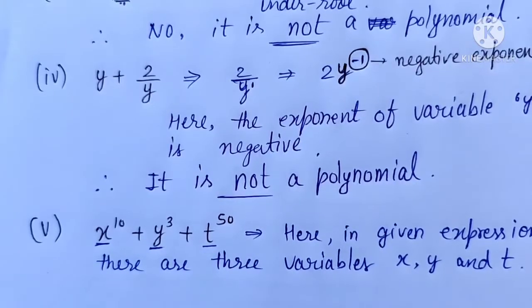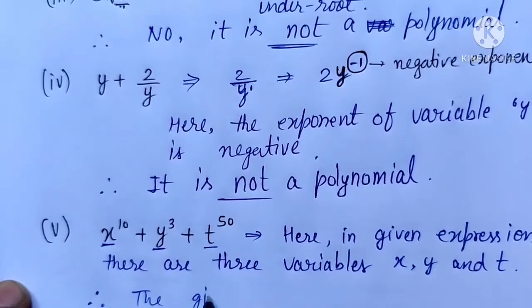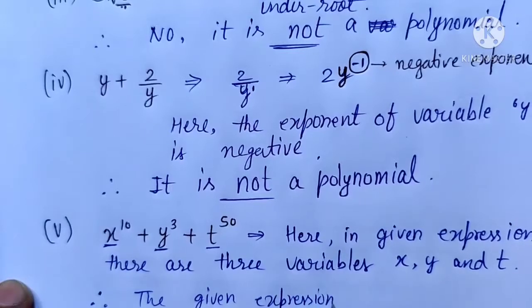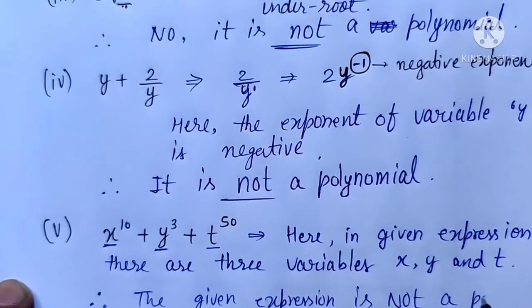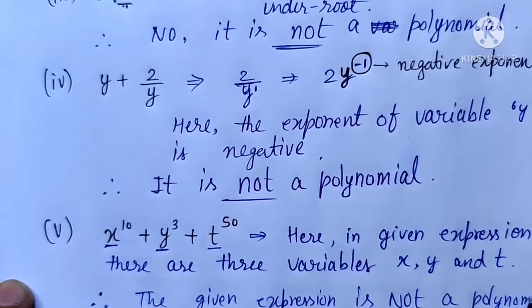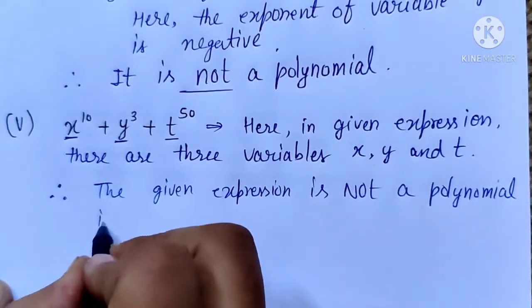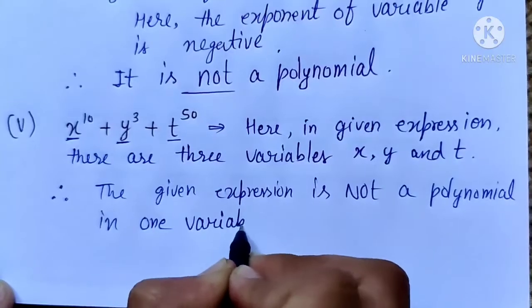No, we can never say. Therefore the given expression is not a polynomial in one variable, because there are 3 variables, as you can see here.